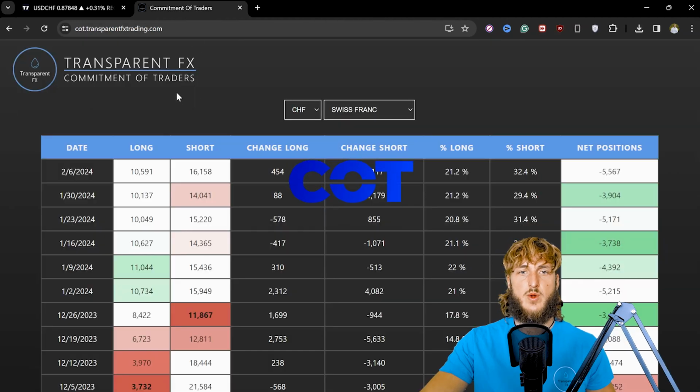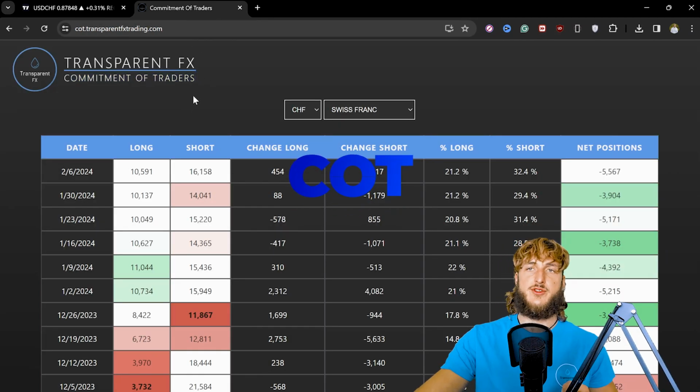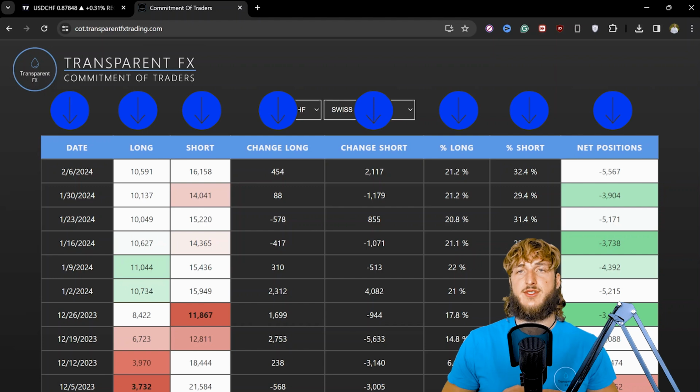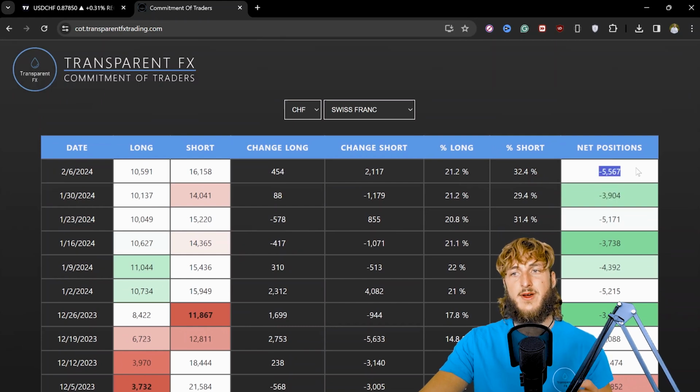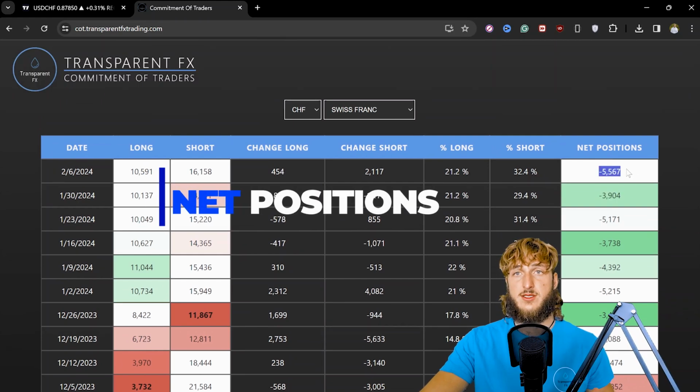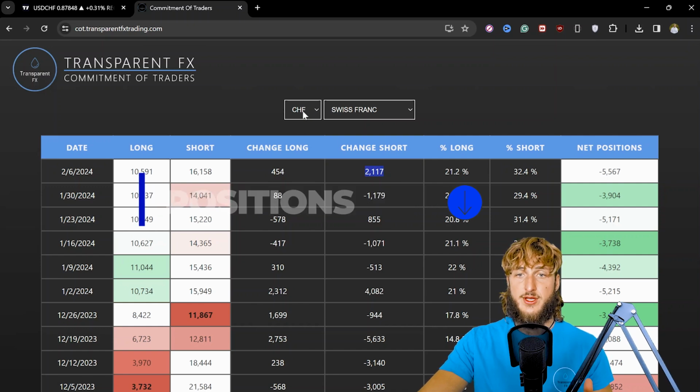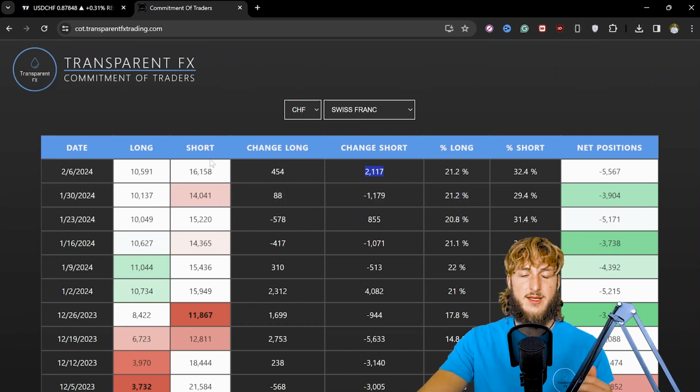So if we go and see what we have when it comes to the commitment of traders, so what hedge funds and the big players in the market are doing, and we check the data precisely for the CHF, we can notice how with the last report, in fact, net positions have once again started to decrease, with 2.1k shorts added on the CHF from an institutional perspective, bringing shorts from 11.8k to now 16.1k.